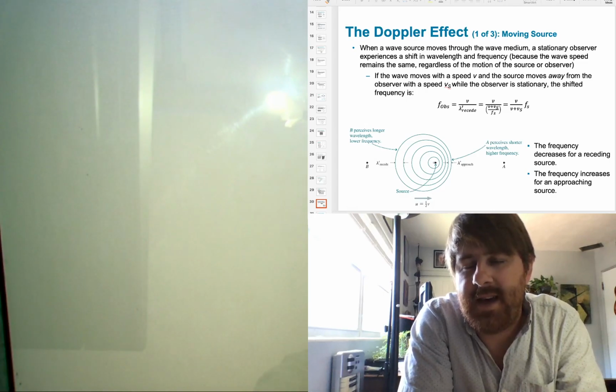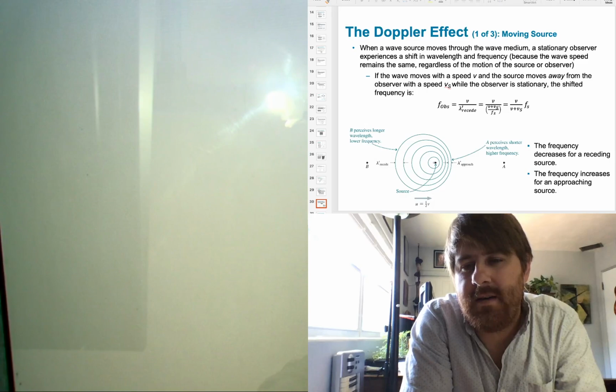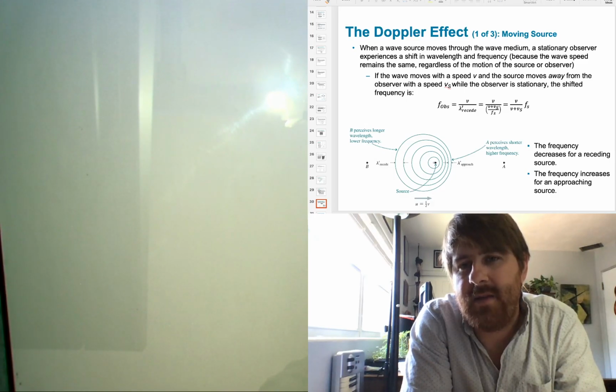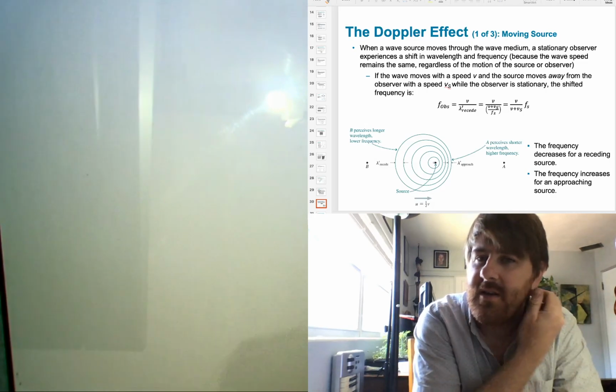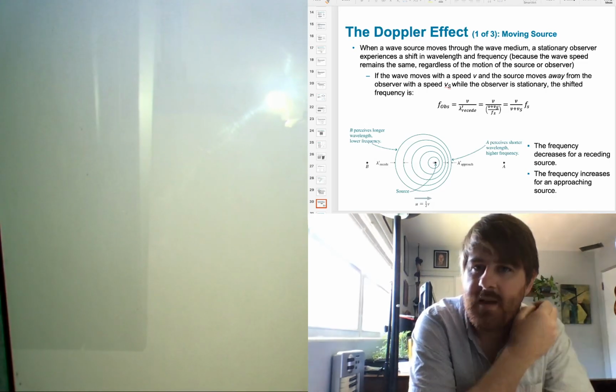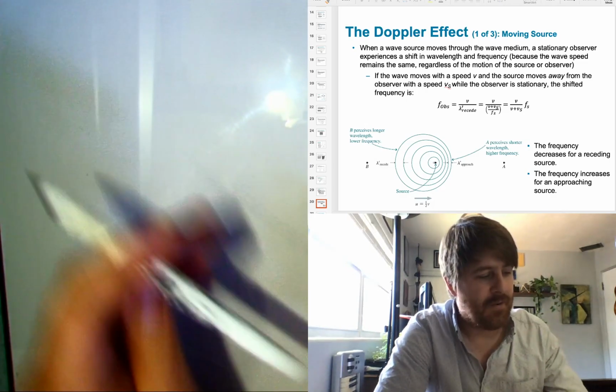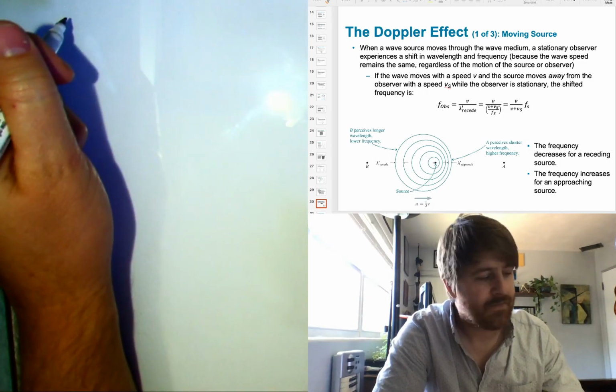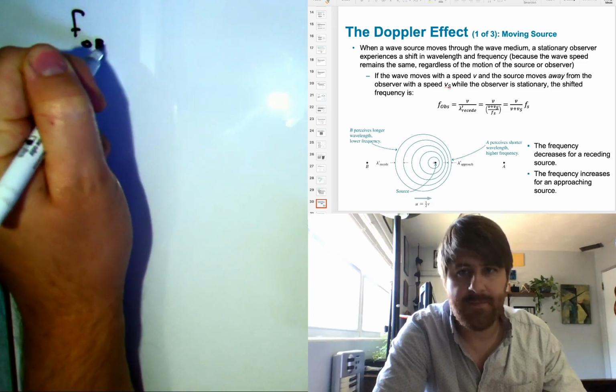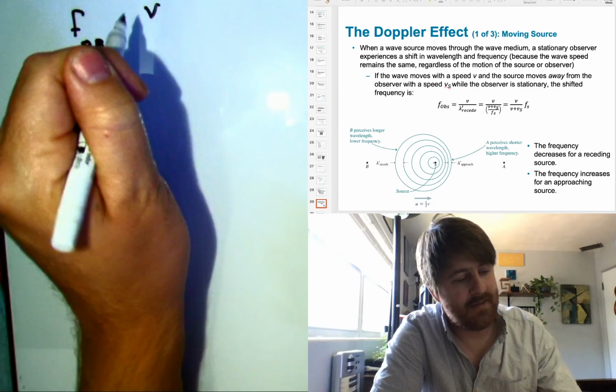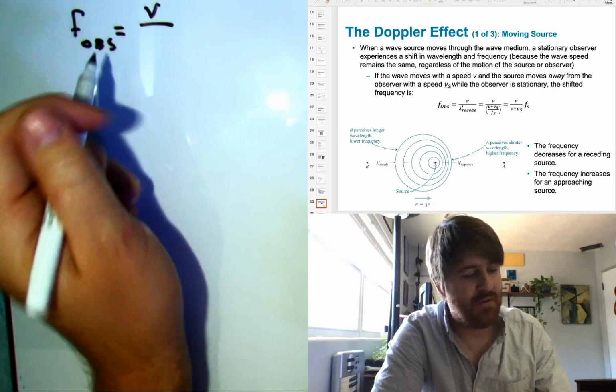And what we can see is that because the wave speed is the same, even though the source is moving, the wavelength in front of the listener is compressed, and the wavelength behind the listener is stretched out. So for an observer, the frequency, f observer, is the velocity divided by this new wavelength.